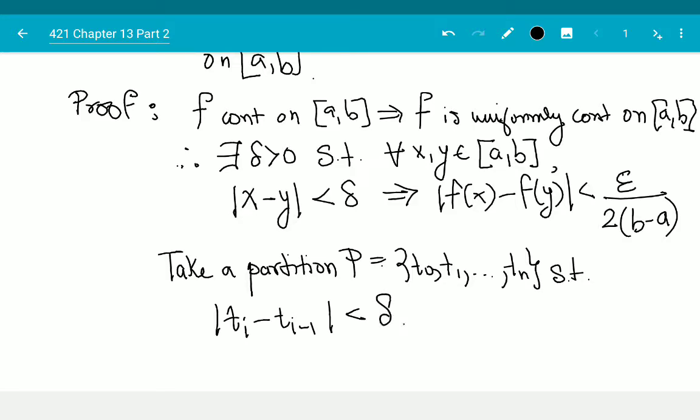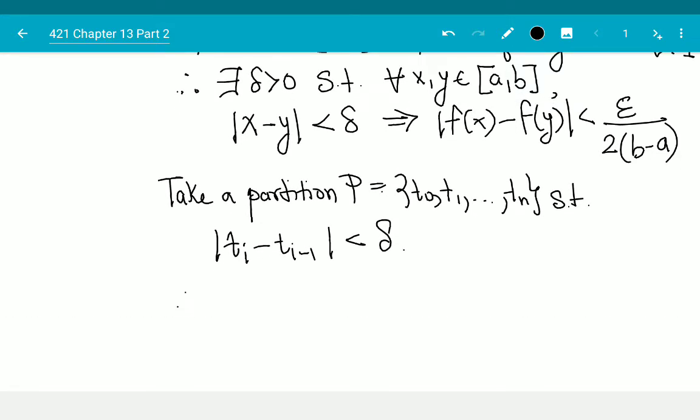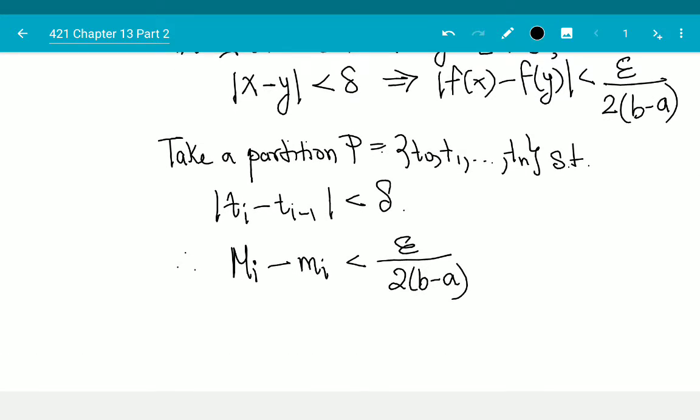In that case, Mi minus small mi is going to be strictly smaller than epsilon over 2 times b minus a, right? Because the maximum value is going to be some f of x in the partition, the minimum value is going to be some f of x in the partition, and therefore all of it lies inside b minus a, which is also strictly smaller than epsilon over b minus a.